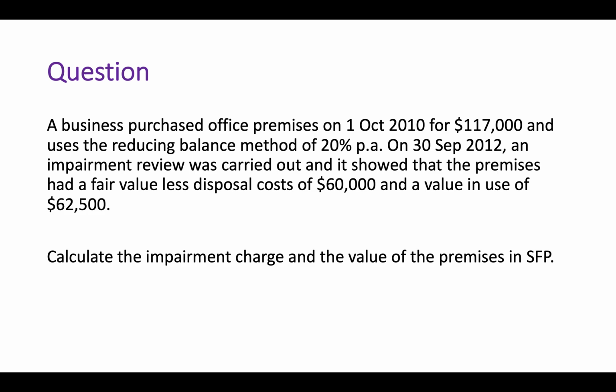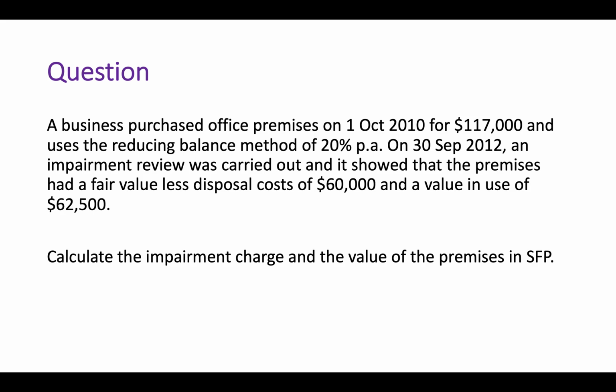I have compiled a question for you to make it clearer and not too theoretical. A business purchased office premises on the 1st of October 2010 for $117,000 and uses the reducing balance method of 20% per annum.